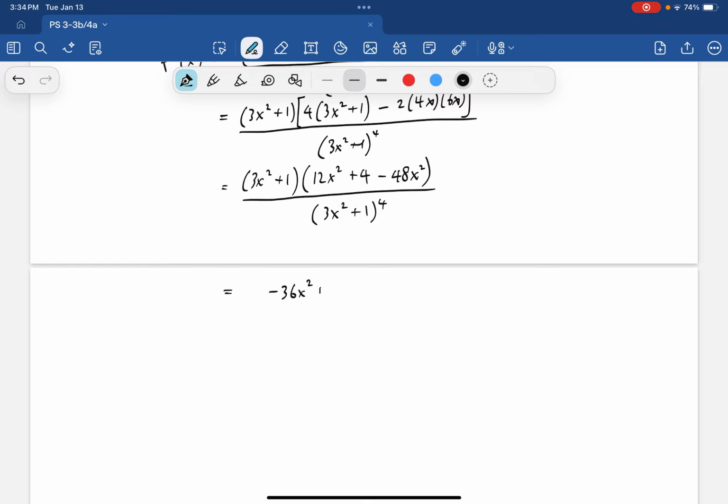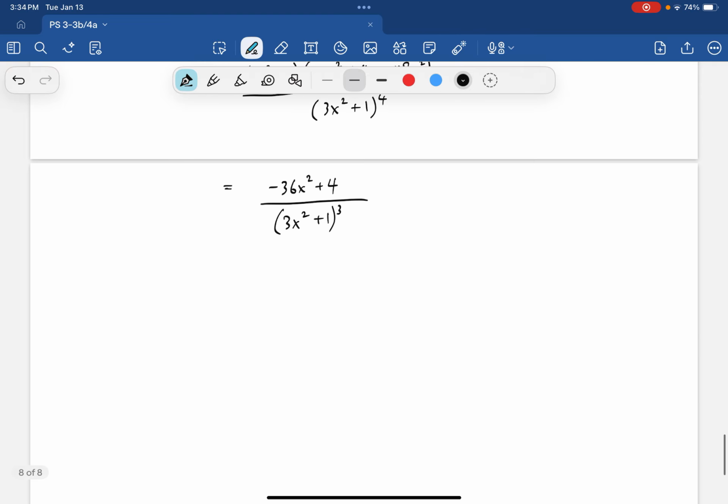36x squared plus 4. And the bottom is cubed. And this we can continue to factor as negative 4 times 9x squared minus 1, which gives us a difference of squares.